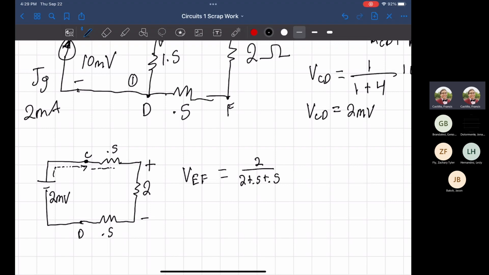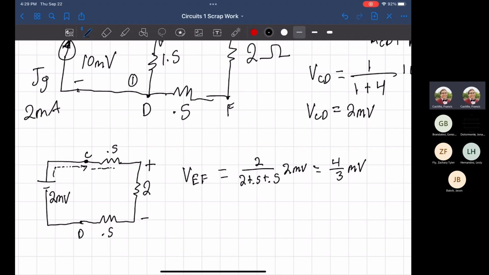In this case, that is 2 millivolts. It is going to get us not a good number, but it's okay. It's going to get us 4/3 millivolts. So that's the value we know there.